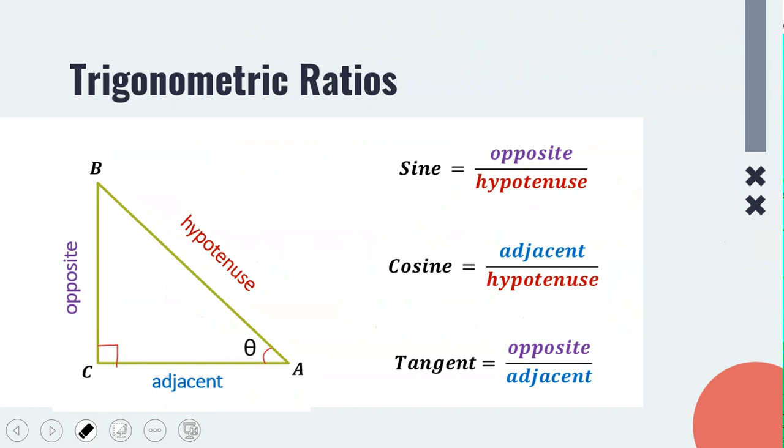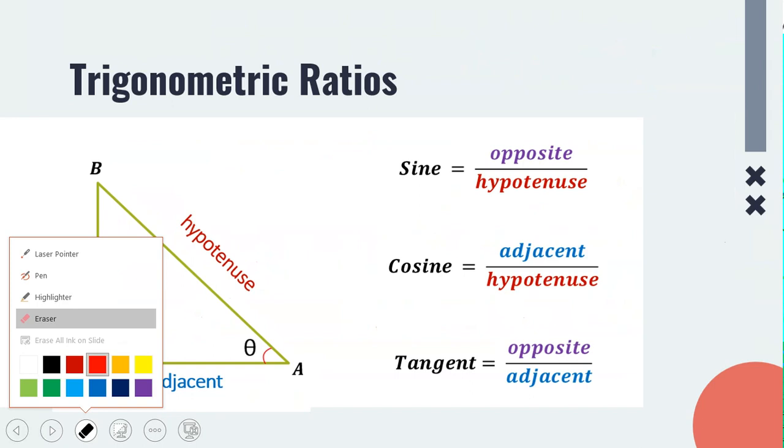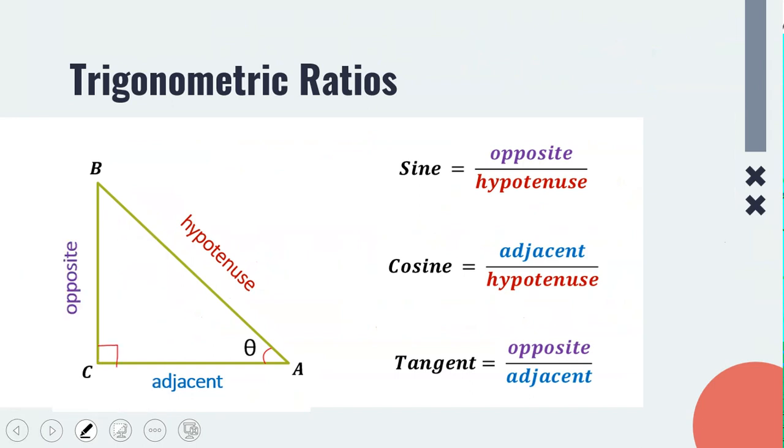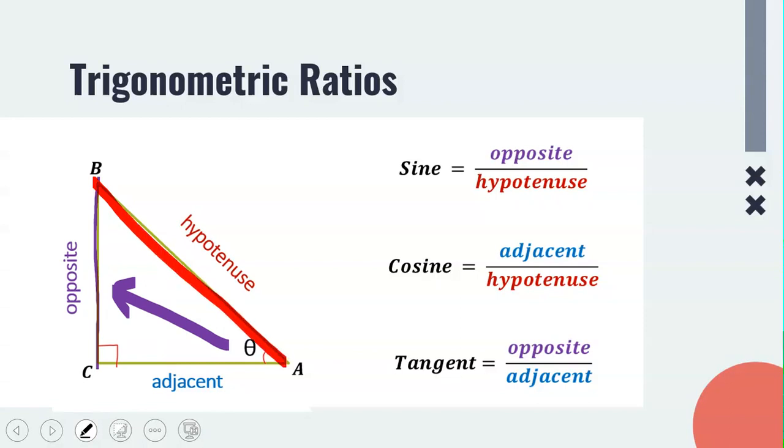It says that sine of the angle, whatever angle we're looking at, is equal to the opposite side divided by the hypotenuse. So it's really that ratio of the opposite side, this side right here, if we're looking at angle A, divided by our hypotenuse right here.